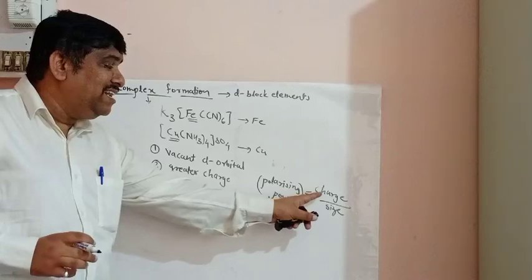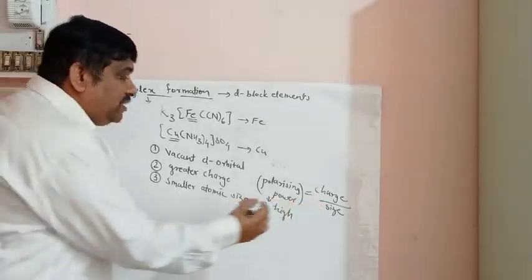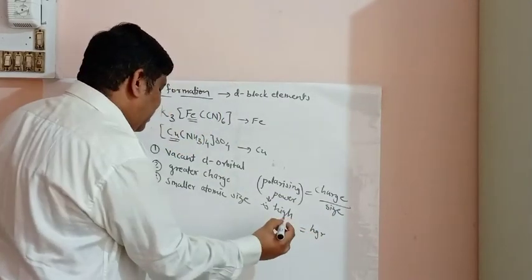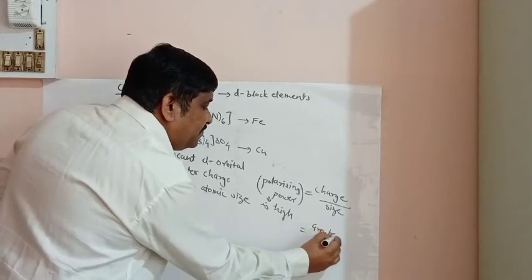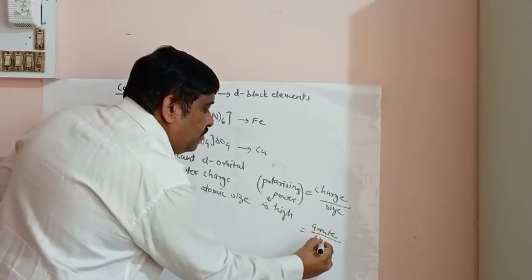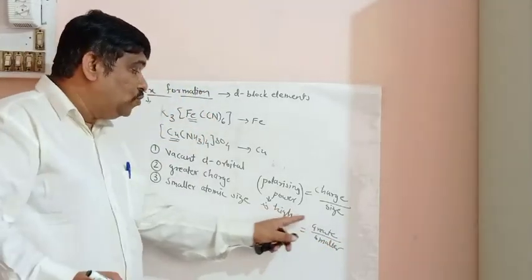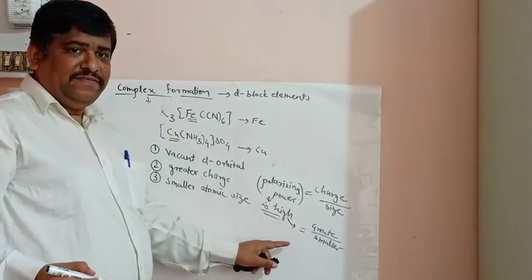Charge is in the numerator, size is in the denominator. The numerator is greater, and the atomic size is smaller. Because of this ratio, you definitely get high polarizing power.